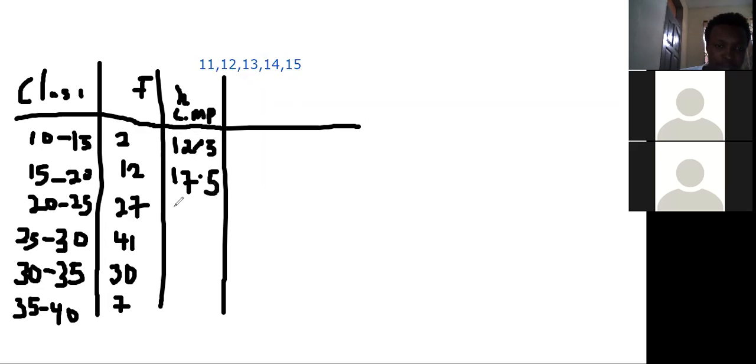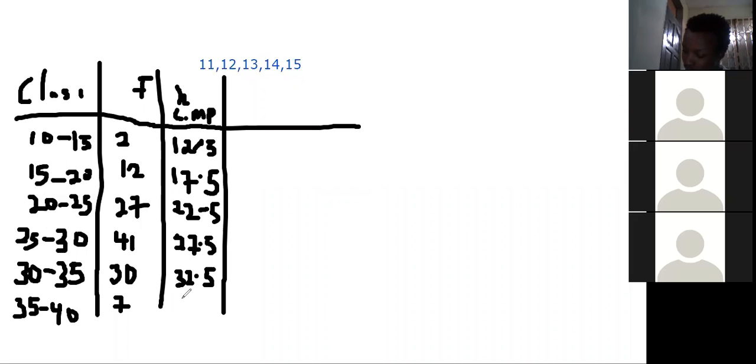You should be telling me the rest. 45 divided by 2, this will be 22.5, then 27.5, then 32.5, and 35 to 40 will give us 37.5.